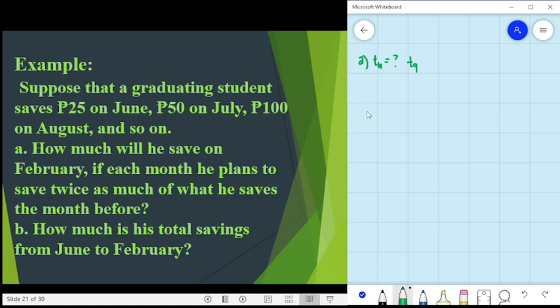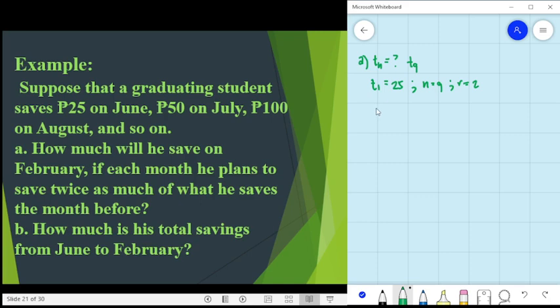Okay, and then the given would be t sub 1 is equal to 25, kaya nagsugod sa 25, then n is 9, and what's the ratio, the r? It's 2 because we have each month twice as much, atong i-multiply og 2, no?